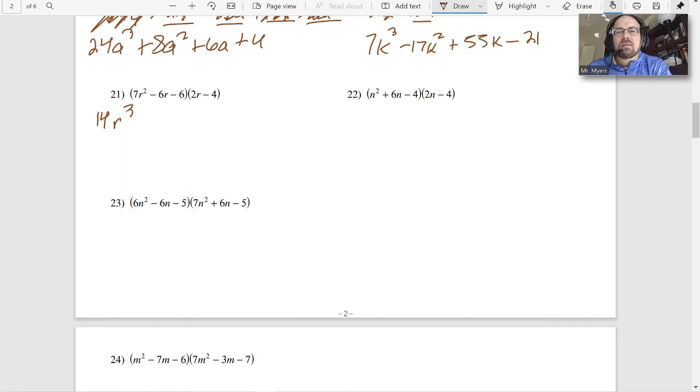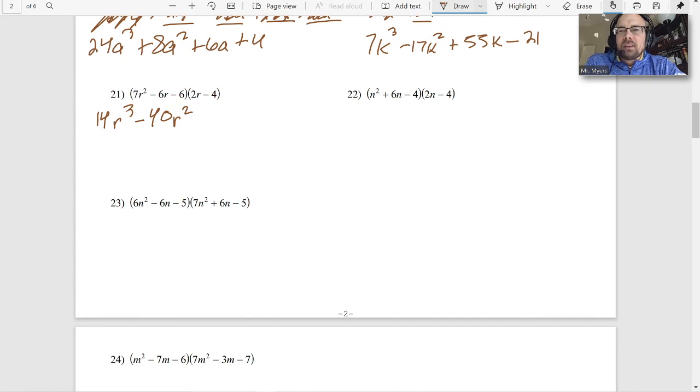Minus 28 and a minus 12 makes a minus 40 r squared. So this is the method that I was mentioning earlier, except it's even harder now because we have to do it twice. So this is the method you want to do when you feel really comfortable distributing and you want to challenge yourself a little bit, okay? Doing the middle part in your head. So I did the r squareds together, then I do the r's together.